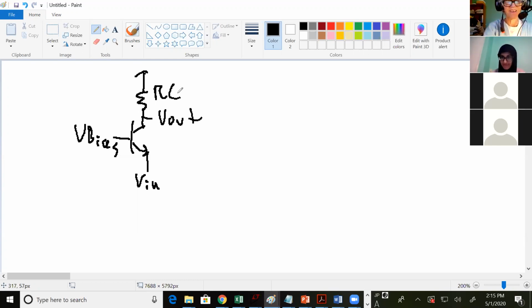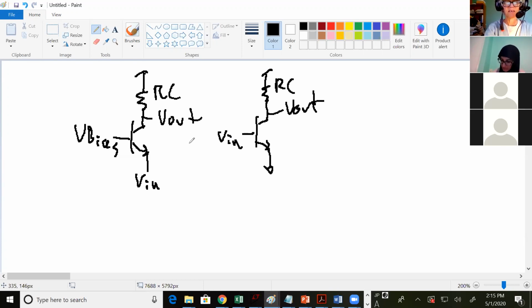If you look at a common emitter, it looks exactly the same, except in the common emitter case, V in is on the base, and there's a DC voltage on the emitter. Whereas for the common base, you have a DC voltage on the base and the input is on the emitter. So just the emitter and the base get flipped.